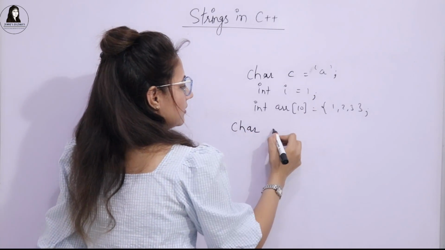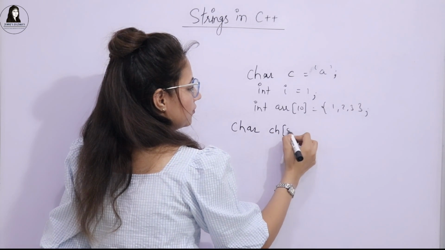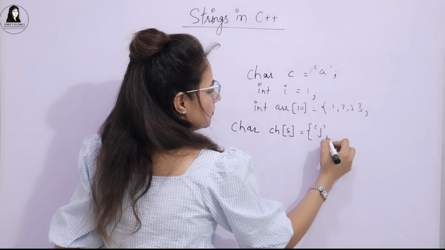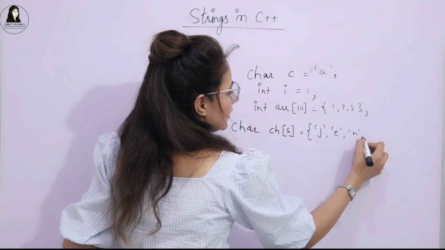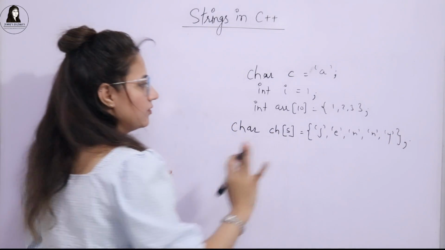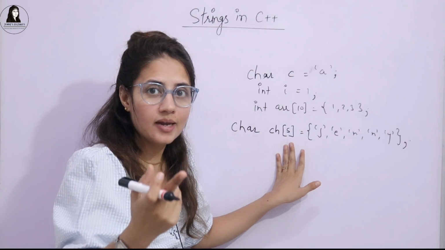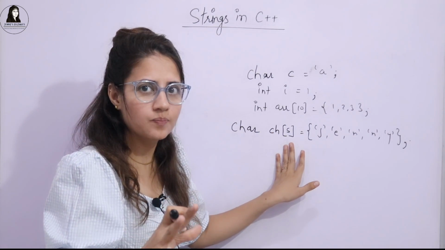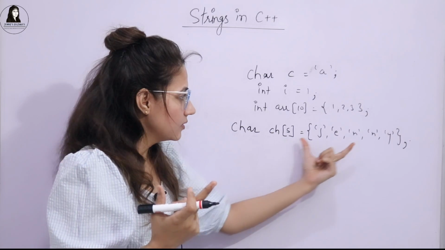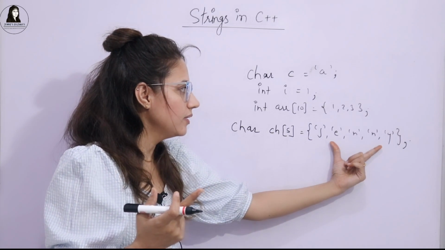Like char ch, and here I can provide 5, length is 5, and simply I can store more than one character here, like JENNY. The size is 5, so I am storing 5 characters here. So this is a character array. Actually it's not a string, it is a character array. It is having a sequence of more than one character, right?